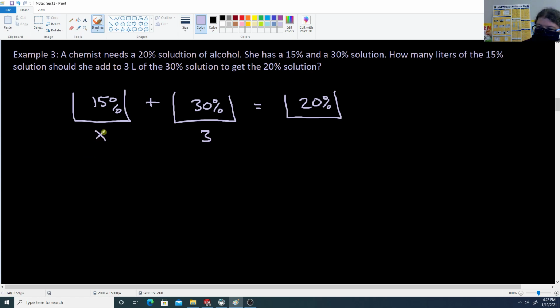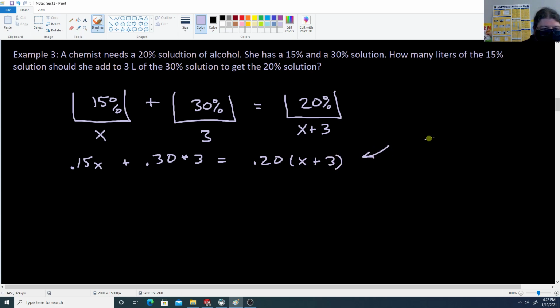We're not told how much of the 15 we have. If we have X liters of 15% and we mix to it the 3 liters of 30%, then we have X plus 3 liters of 20% out here. So we got our setup here. So you're mixing 15%, you're mixing 30%. You're trying to get a 20%. So we'll say 0.15x plus 0.30 times 3 equals 0.20 times x plus 3.